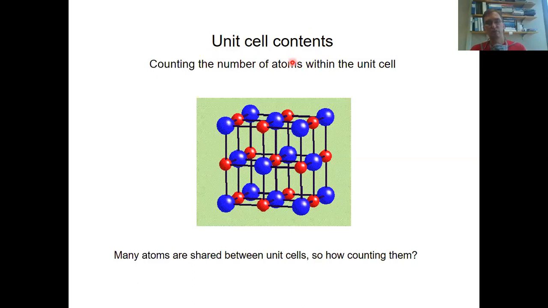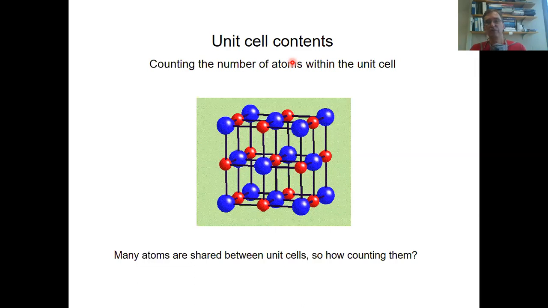It's a little less obvious than it sounds, because unit cells share atoms. If the atom is not inside of the unit cell, depending on where the atom sits, whether on a corner, a face, or an edge, it counts only a particular fraction of a full atom.